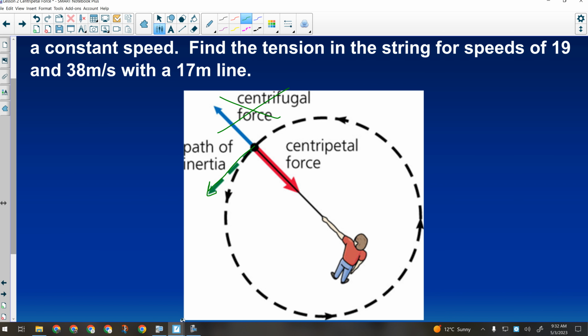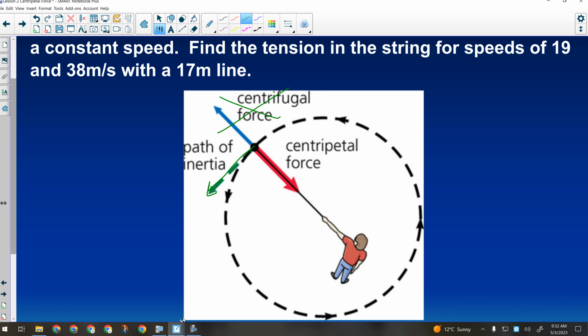Same thing is done, if you've ever watched CSI, when they get a DNA sample, they put it in the centrifuge and spin it around so all the heavy cellular components and DNA end up at the bottom of the vial, and then they stick that fancy little pipette in there and take it out. It's not using centrifugal force. It's actually using inertia and centripetal force. It's the bottom of the vial that actually pushes back towards the center and keeps the material in there. Everybody all right with that idea?